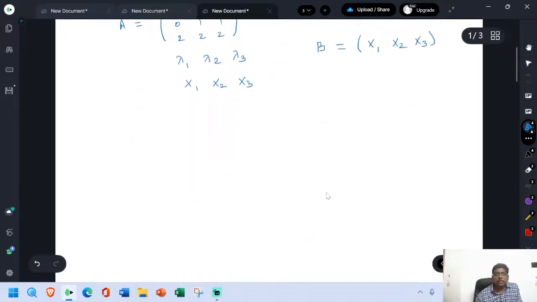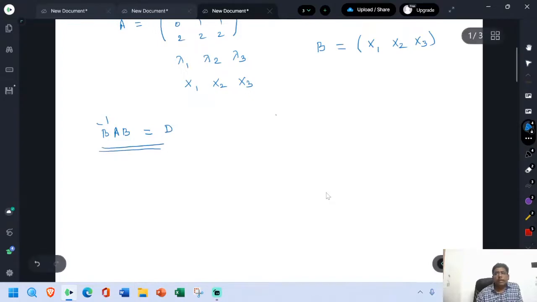Say this: B inverse A B equal to D. This is a thing we have to prove.